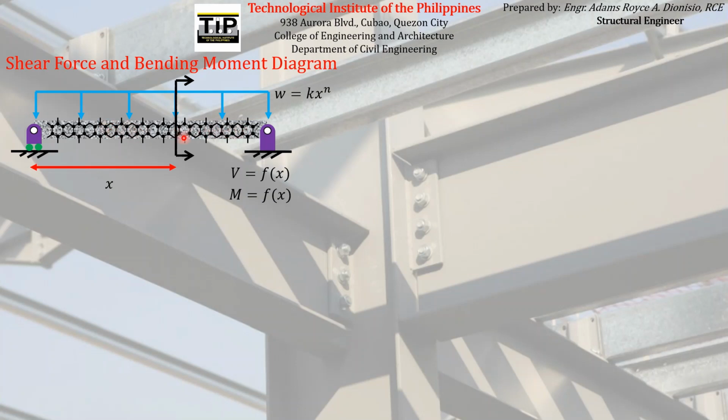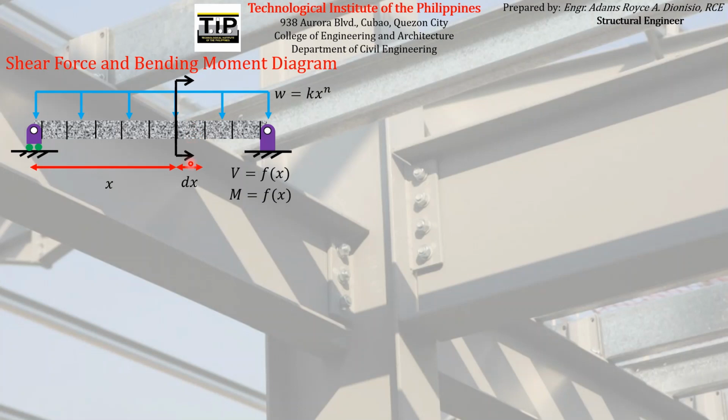Just to simplify things, let us assume that the beam is composed of this differential volume. It's like a cube with a differential length, the length of a differential area. Let's call that dx. We usually indicate dx as a very small, infinitely small length.